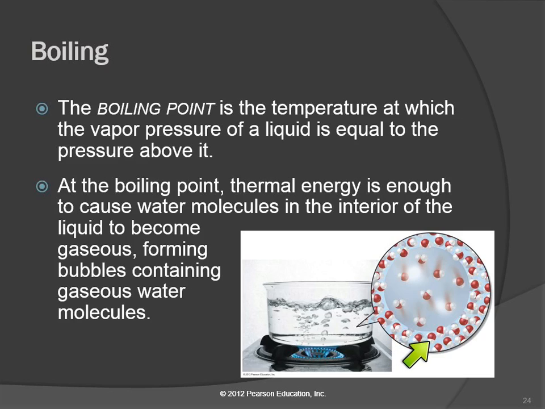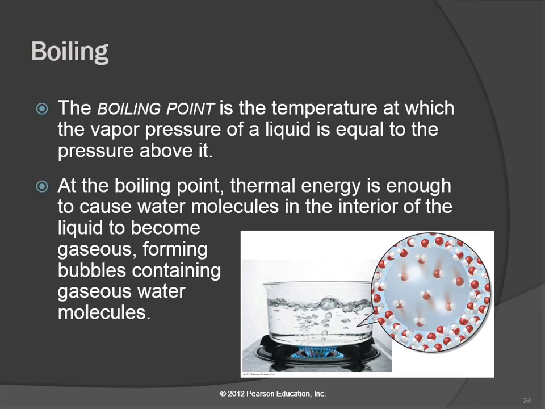As you increase the temperature, you increase the average kinetic energy, but you've still got slow ones and fast ones. Which ones are going into the gas state? The fast ones or the slow ones? The fast ones, the ones with more energy. The ones with more energy make these bubbles and they go to the surface and they escape.